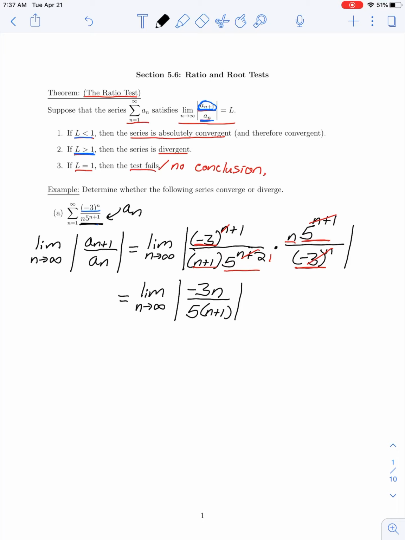So after simplifying a little bit, let's see what we have. We've got the limit as n approaches infinity of, now taking the absolute value of our numerator, -3n, we have +3n, and then we're dividing by 5n plus 5 if we distribute the 5 through the denominator.